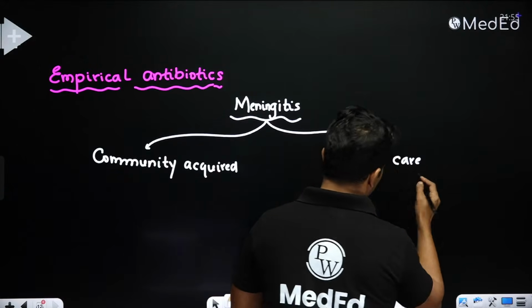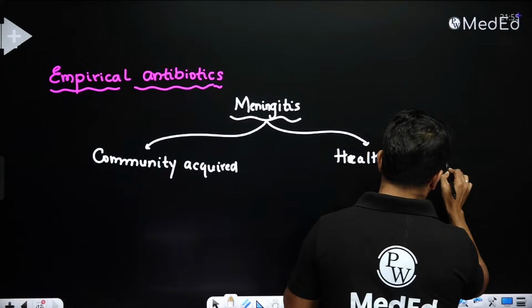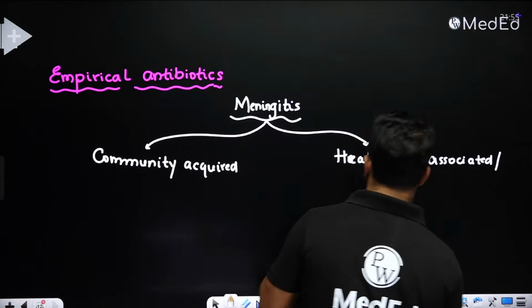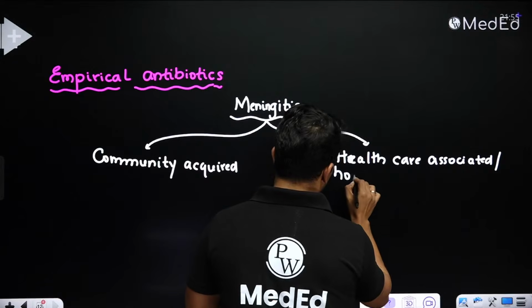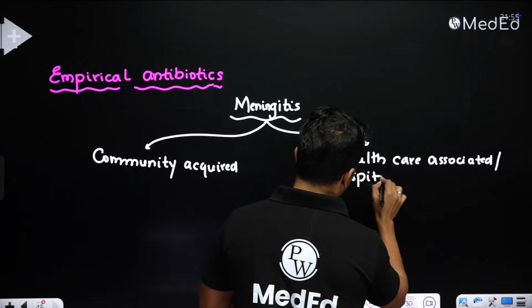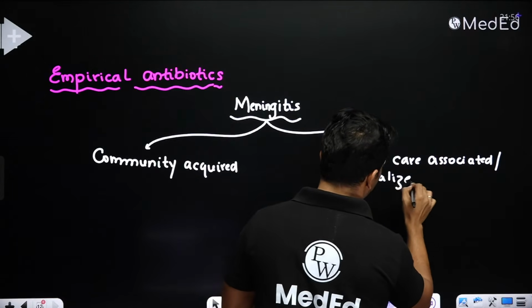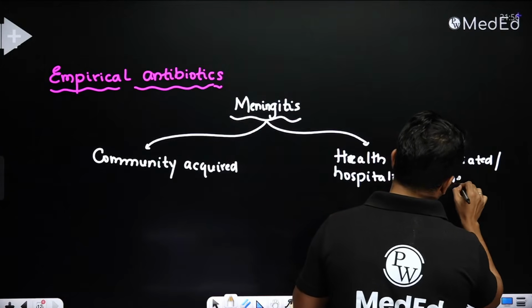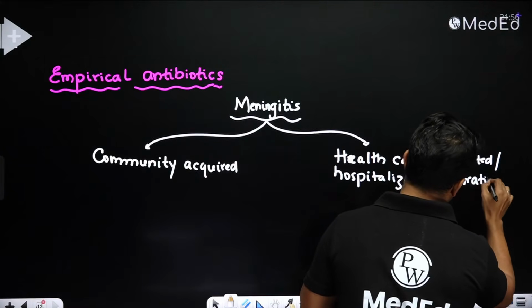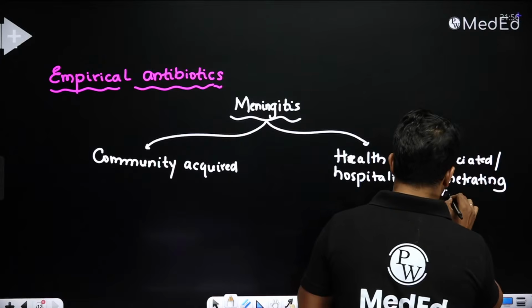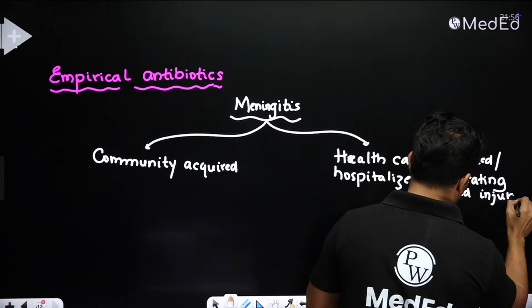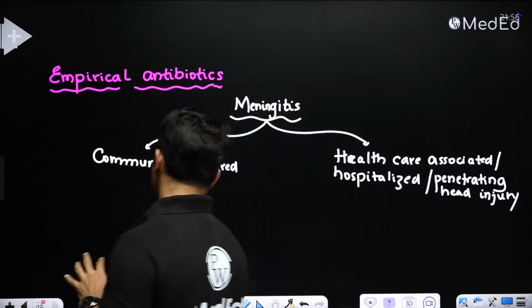Either the patient had frequent hospital visits, or he was hospitalized, or he had penetrating head injuries. Because in all these cases, there is a risk of Pseudomonas as well as Listeria monocytogenes.